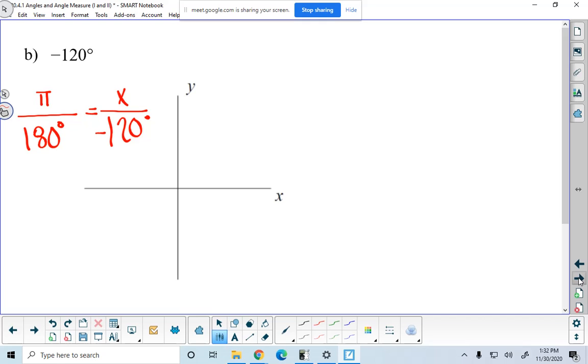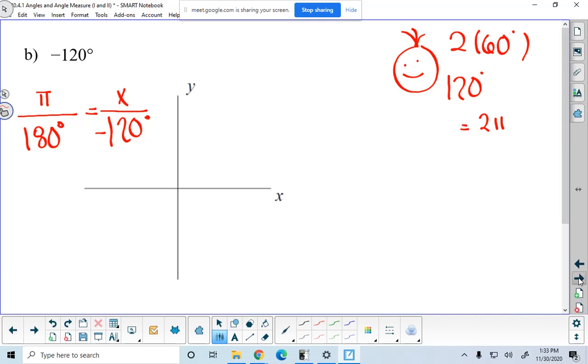I will show you how to use a ratio in a second, but since 120 degrees is 2 times 60 degrees, I know that 120 degrees is 2 pi over 3, because pi over 3 is 60. So I don't really need to do any calculations here.